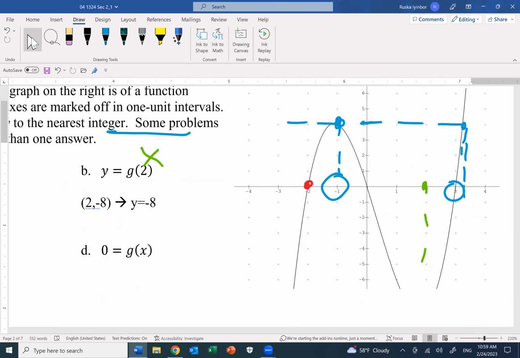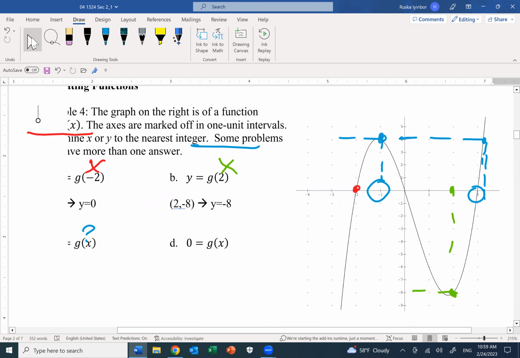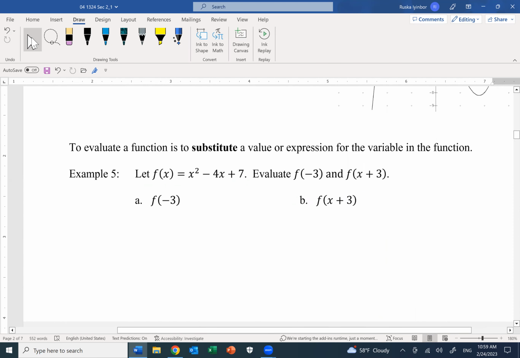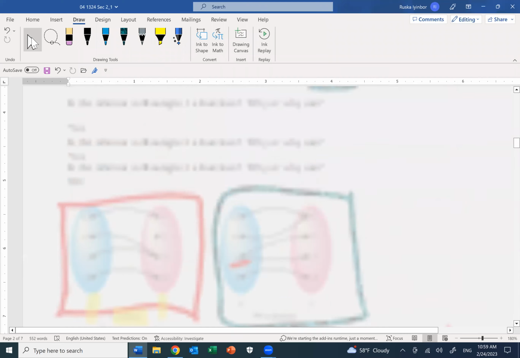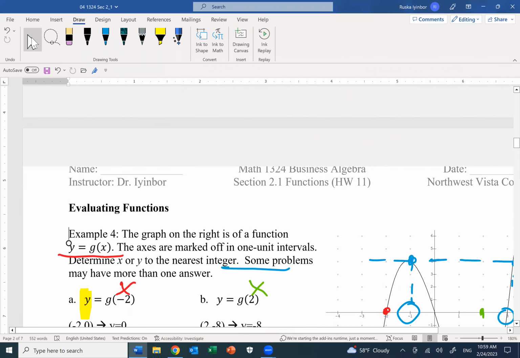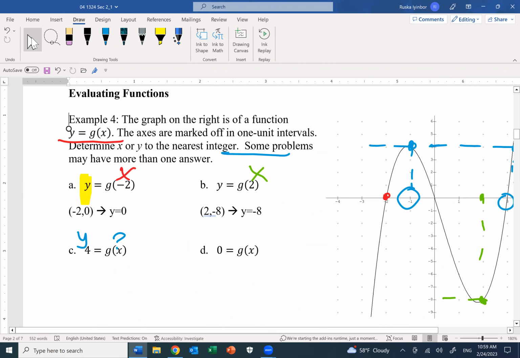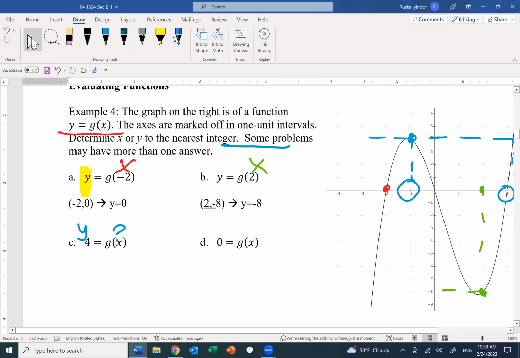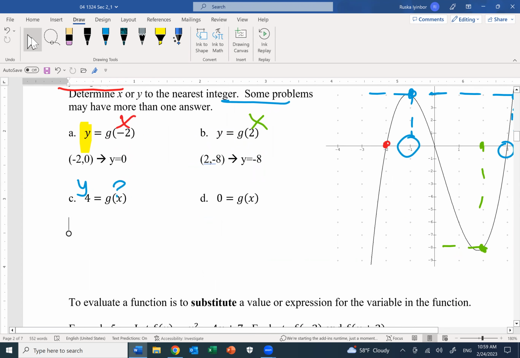So I'm going to write the points first here. When y is 4, we have 2 points on the graph, and the first point is (-1, 4).